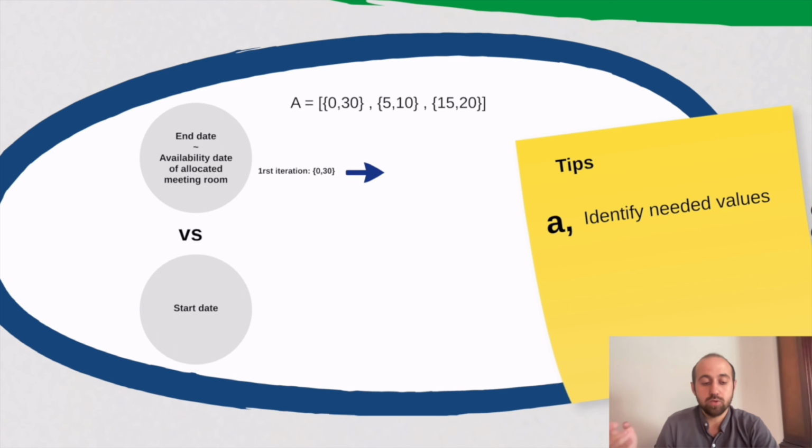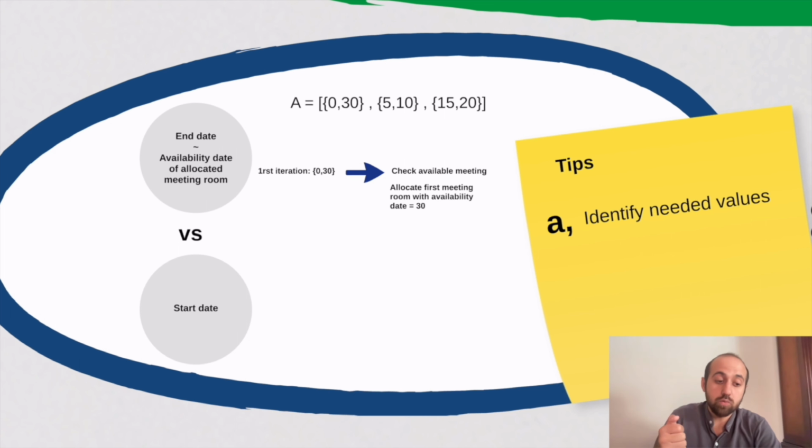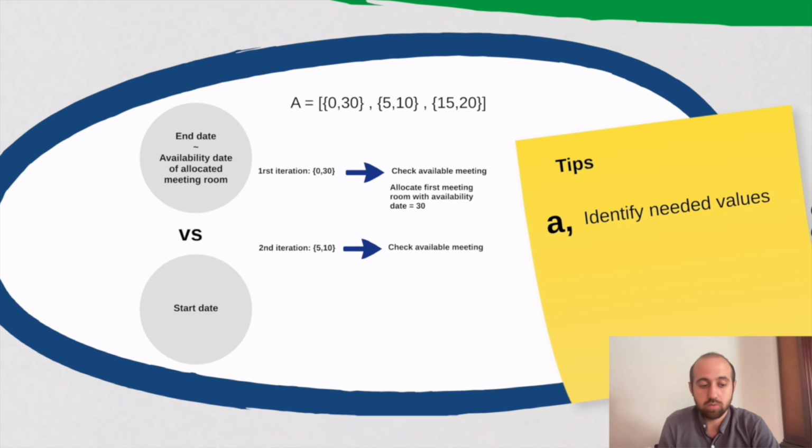To be more precise, when we started with [0,30], the first meeting, we checked: is there any available meeting room? We saw that there is none. So we allocated a meeting room and stated that this meeting room will finish and be available at 30. When we reach the second meeting that starts at 5, we check all the available meeting rooms. In our case, it is 30.